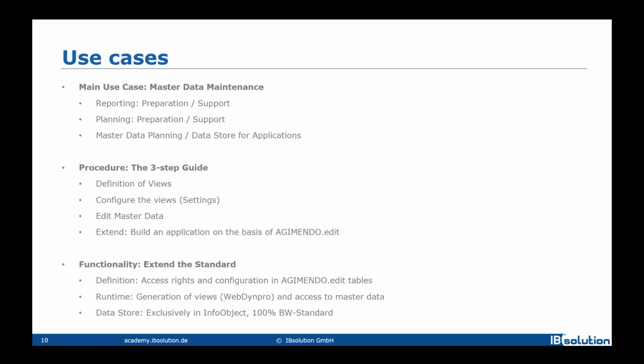Exactly. So the procedure to build a view in AGIMENDO.edit is simply that you create a view, you configure it to tell it which info object you want to see. There are a lot of options that we'll see later, and then you have a link where you can see your AGIMENDO view and edit the master data directly in your table.